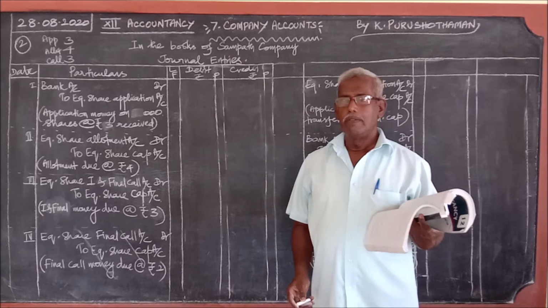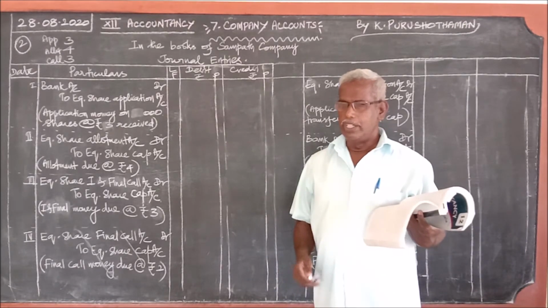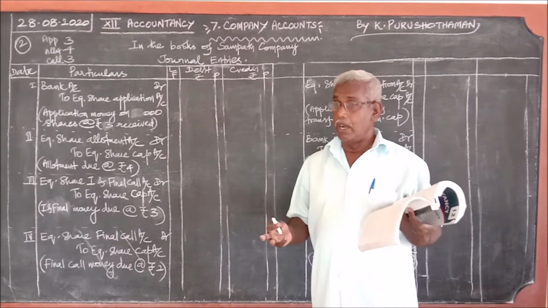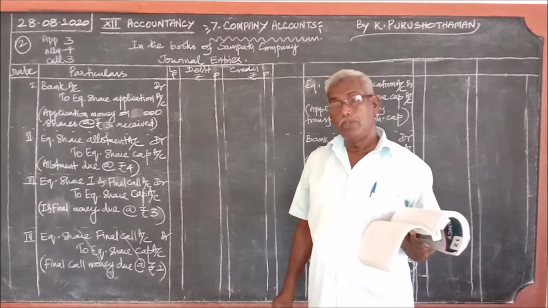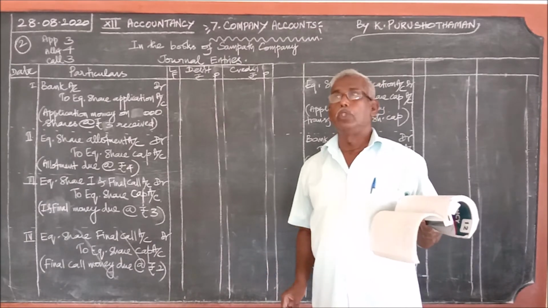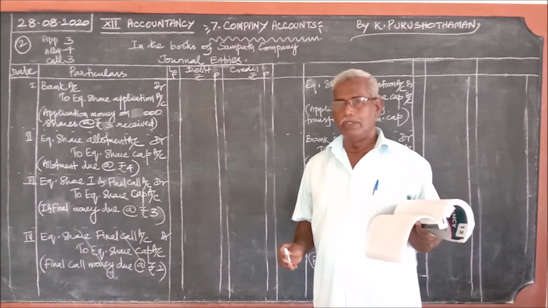So, will the money be received on issued shares or on subscribed shares? This is the question now. The number issued was 25,000, but the public applied for 24,000. For what number of shares will the money be received?